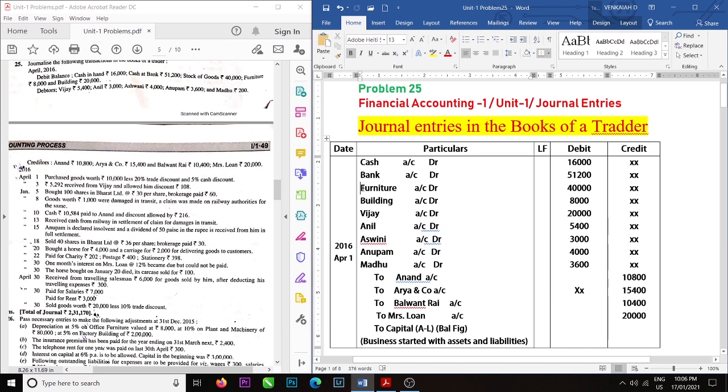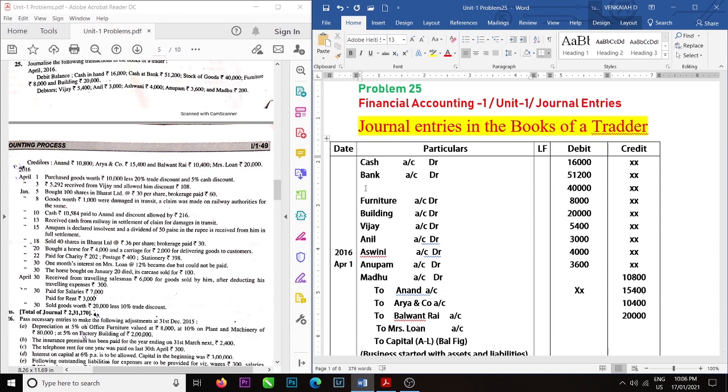After bank, stock 40,000, furniture 8,000, building 20,000, Vijay 5,400, Anil 3,000, Ashwini 4,000, Anupam 3,600, Madhu 200.